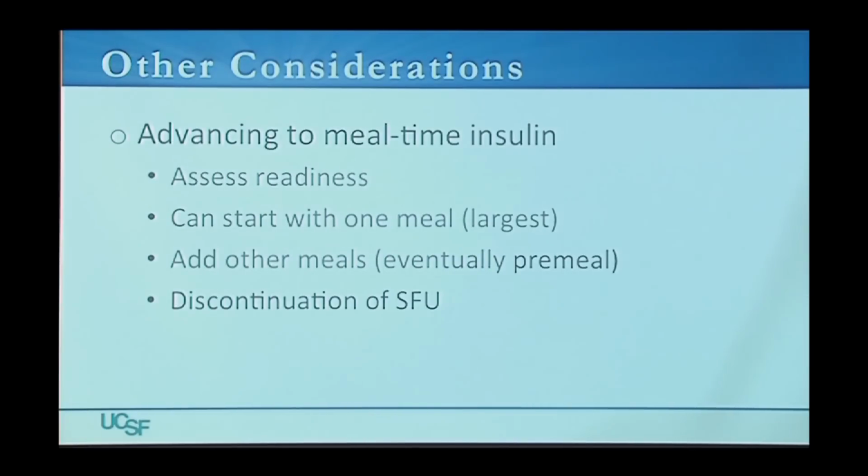Because if you recall, what was the sulfonylurea doing? It increases insulin release from your pancreas. So if you need to start taking insulin before the meal, then probably the sulfonylurea is not having much effect anymore, and we would stop that medication. But we may continue, for example, the metformin, because remember, it's working totally differently.